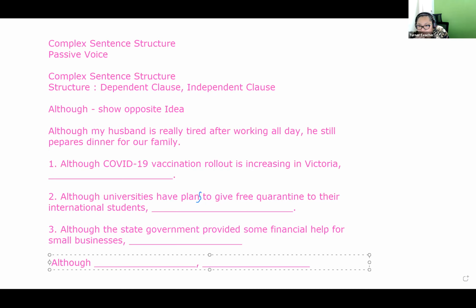A few of sole traders still find hard to survive at this moment. Not a few of traders, but a few sole traders. A few sole traders still find it hard to survive at this moment.